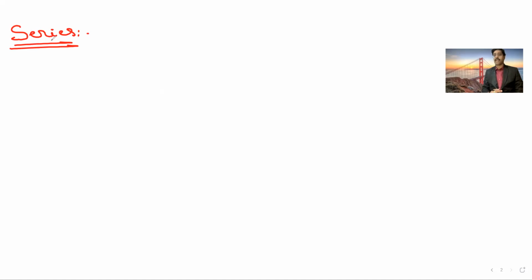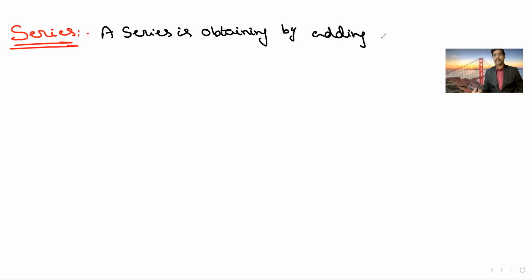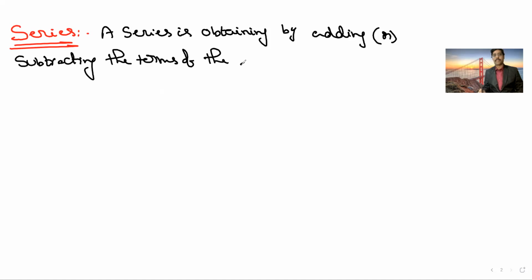A series is obtained by adding or subtracting the terms of a sequence. The terms of the sequence added or subtracted is called series.